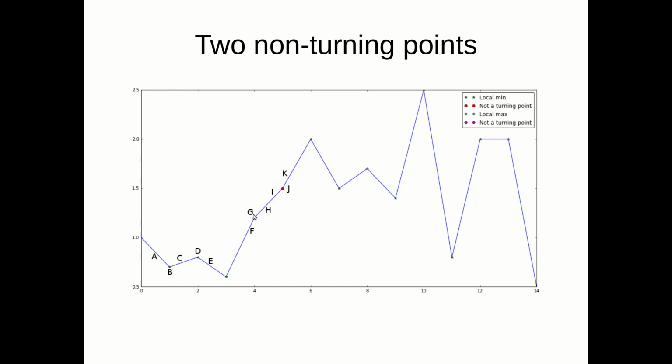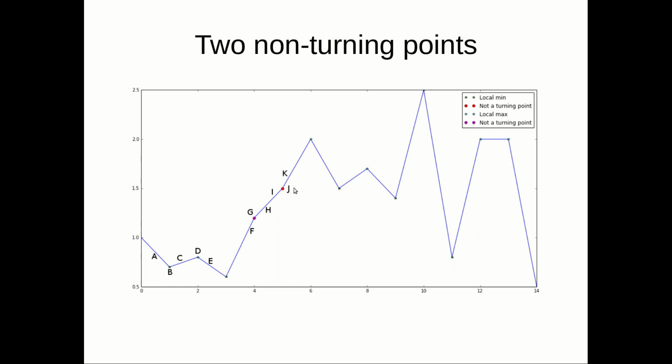For the first non-turning point, we have G minus F, which is positive, and H minus G, which is also positive. So looking at the second non-turning point, we have J minus I, which is positive, and K minus J, which is also positive.